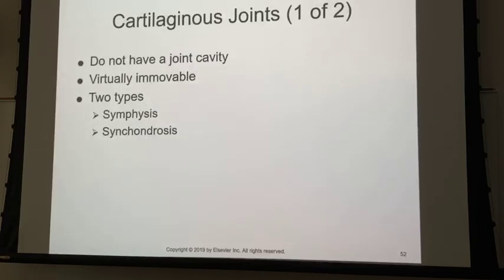So then we got cartilaginous joints, and they don't move much. They move, but they don't move much. So symphysis, like symphysis pubis, is the most obvious, and it gives just a little bit.